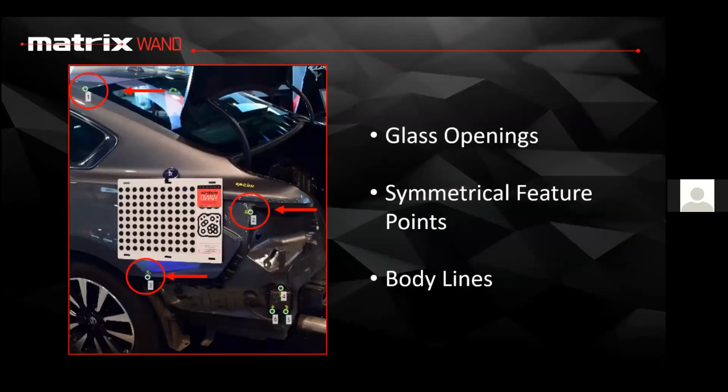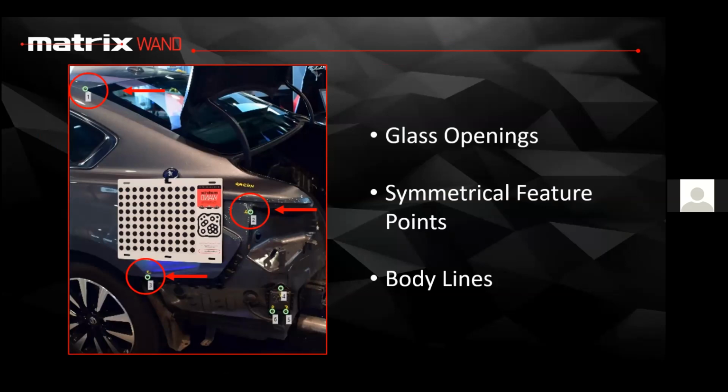So one of the great things about the wand is the versatility of the points you're able to measure. And I think this really comes into play with some of the upper body measurements that we have to do nowadays. We need to have that versatility to not only rely on our traditional reference data, those predetermined points that Chief or Caroline or Mitchell has determined for us.